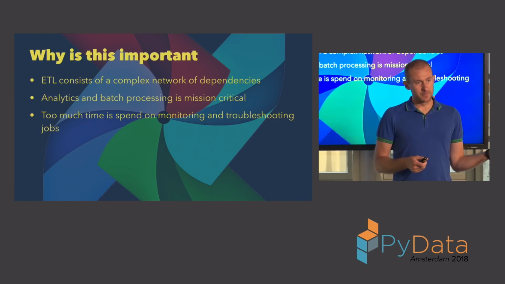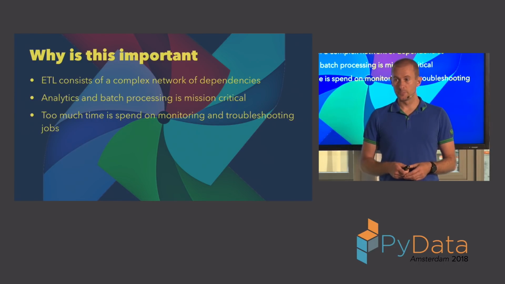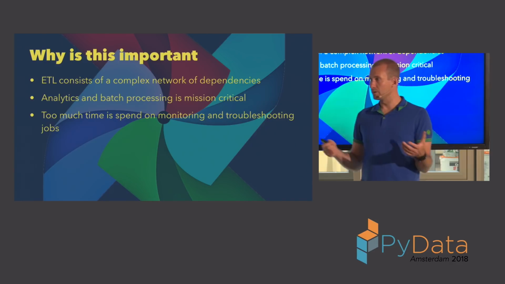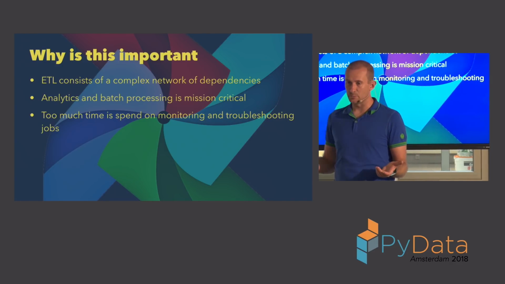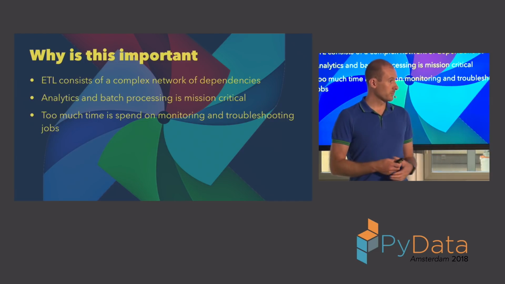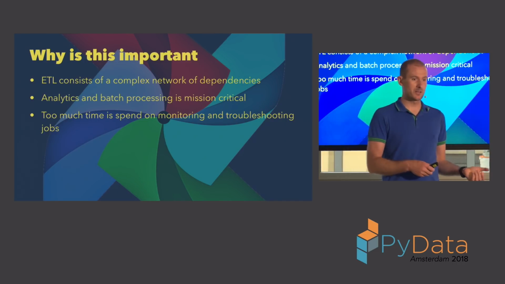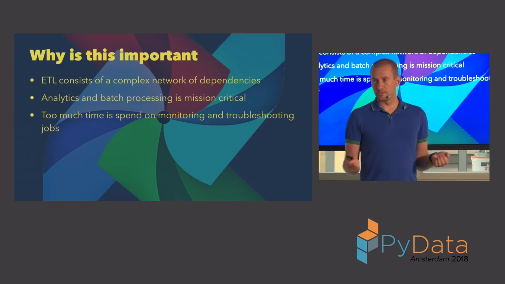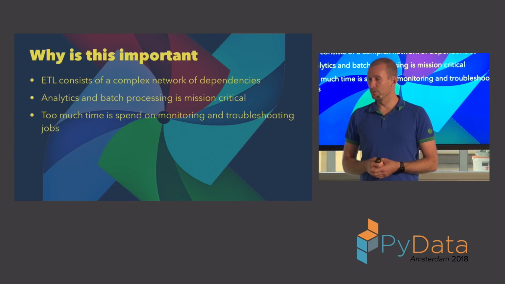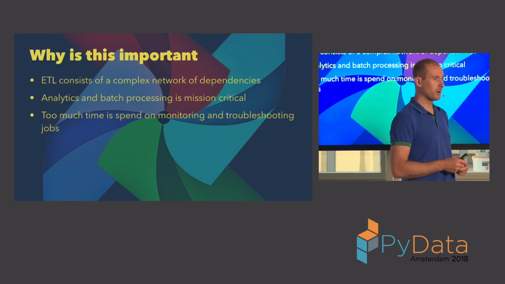And because of that, a lot of time, or too much time, is being spent on monitoring and troubleshooting jobs. We live in the real world, and we know that some servers might not be available for some time. And if your system requires you to jump on that right away because it fails the first time it can't reach that server, then you're going to be doing a lot of operational work, and you're going to have a lot of people on standby for this.